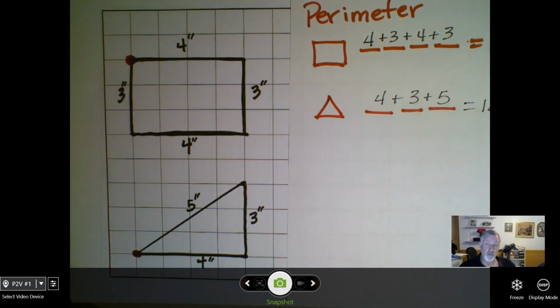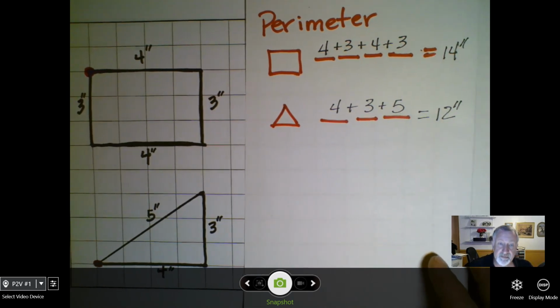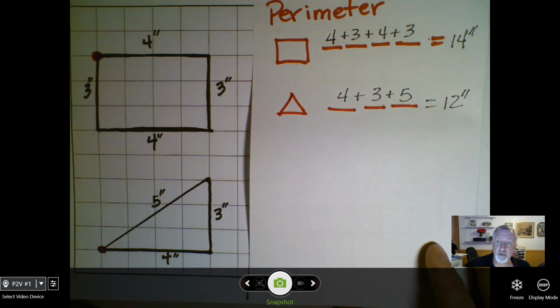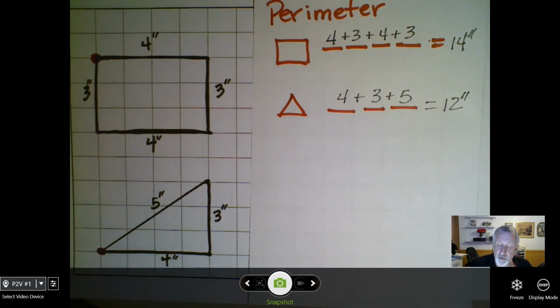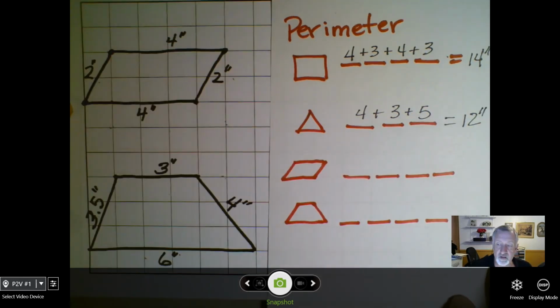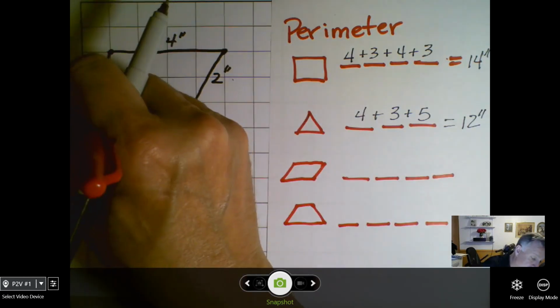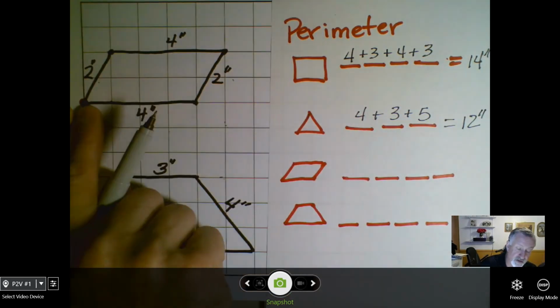So for perimeter, no matter what the shape is, here, let's show you those answers. When we came up with those answers, it was just by adding the distance as if we had laid it end to end. So with other shapes, again, all we need to do for perimeter is pick a starting point and do one complete lap around the shape.